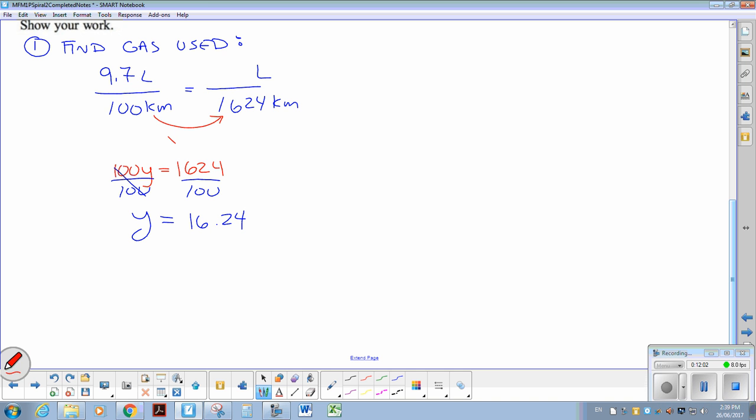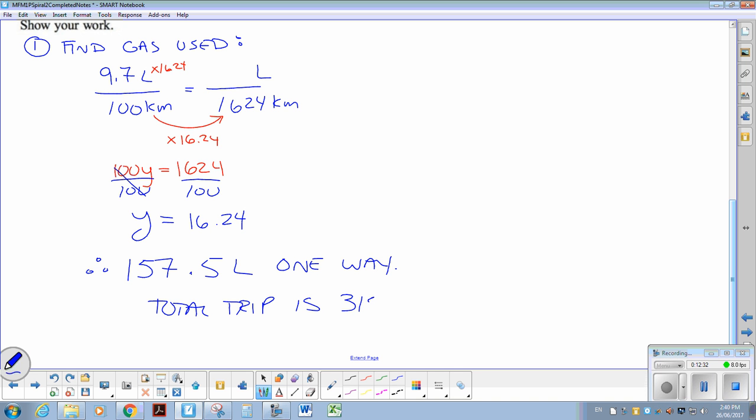So I'm going to multiply by 16.24, so 9.7 times 16.24, which is 157.5 liters one way. You've got to go there and back, so we have to double that. So the total trip is 315 liters.